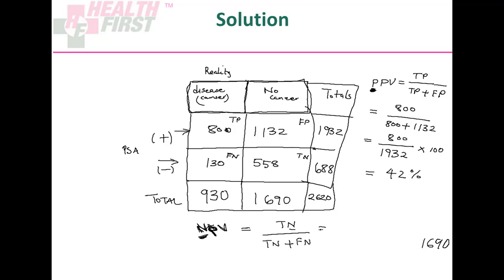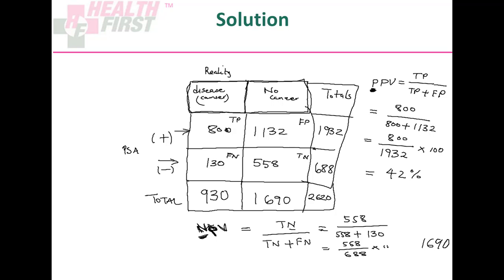So this comes to true negatives, 558, divided by 558 plus false negatives of 130, right? So this gives us 558 divided by 688.